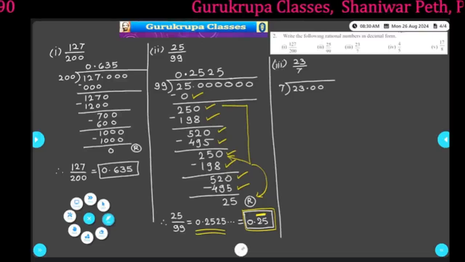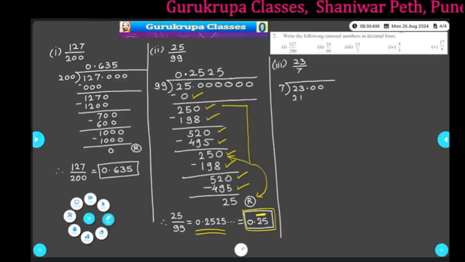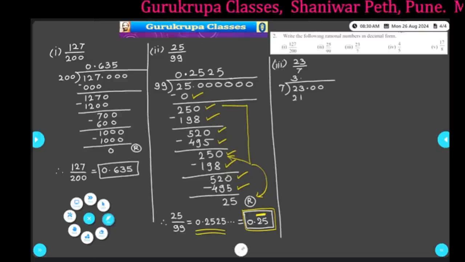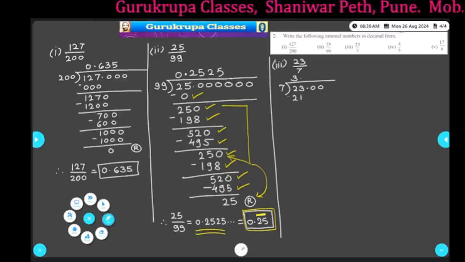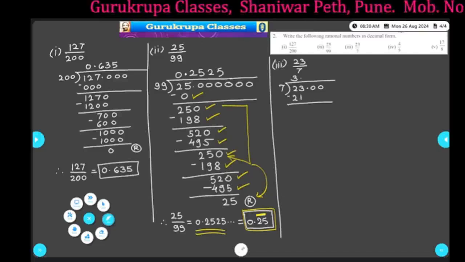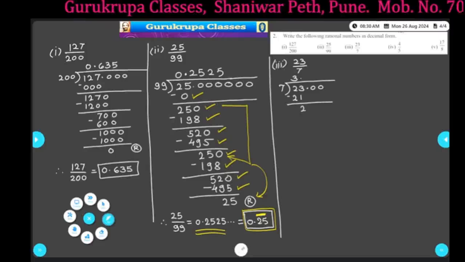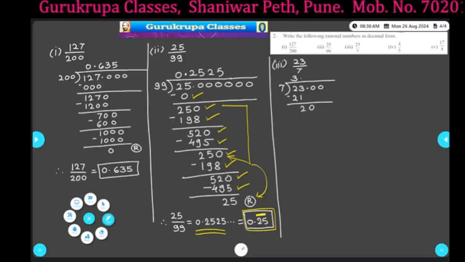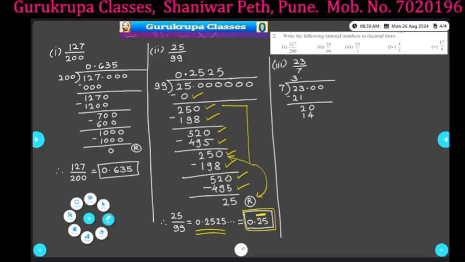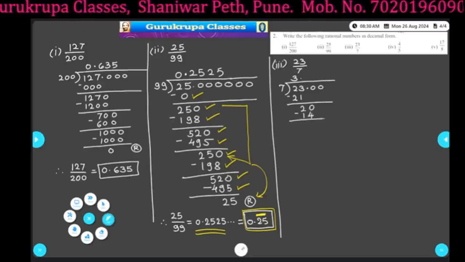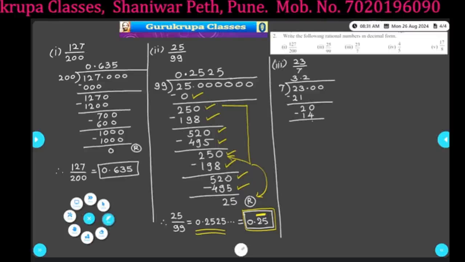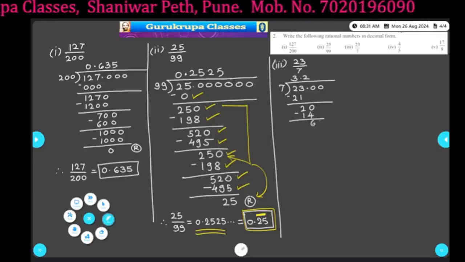So 7 threes are 21. We get 3 in the quotient and the point is placed in the quotient section. 23 minus 21, we get 2, then adding 0, 20. 7 twos are 14. Remainder is 6. If we add 0, we get the new dividend.